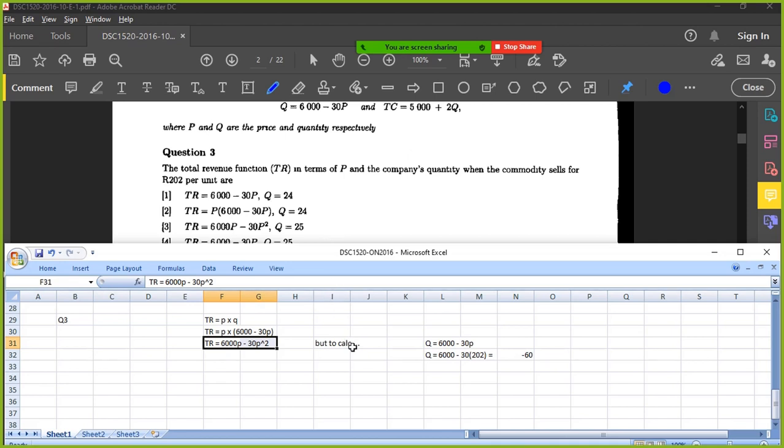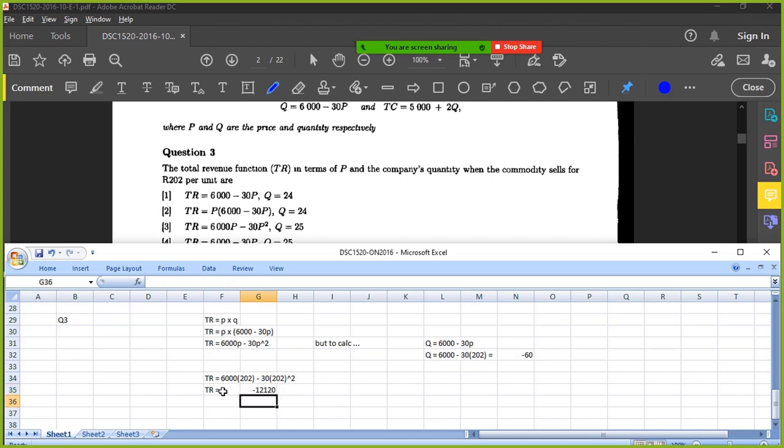Okay, the only thing I can maybe think of is, do they want to work out the revenue? Probably not, but maybe they do. Let's have a look. If we plug in 202 here, okay, let's see what we get. Total revenue equals 6,000 times 202 minus 30 times 202 times 202.